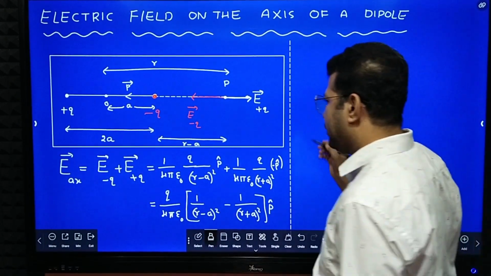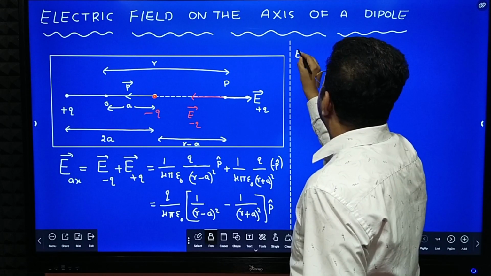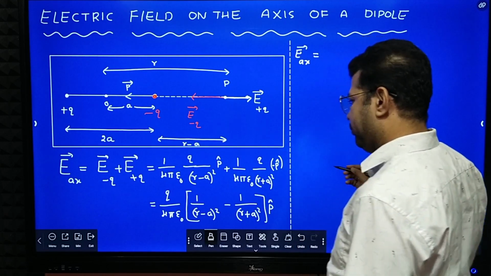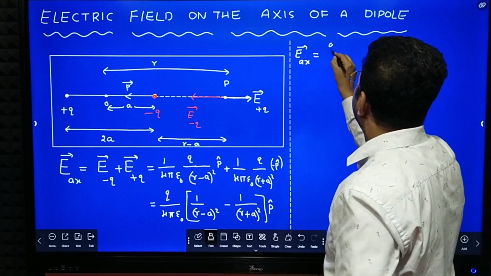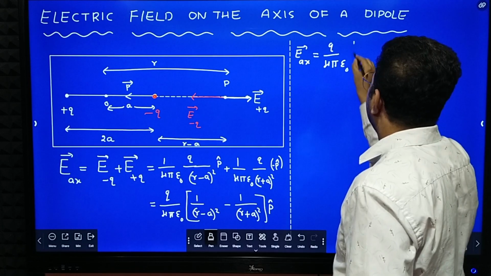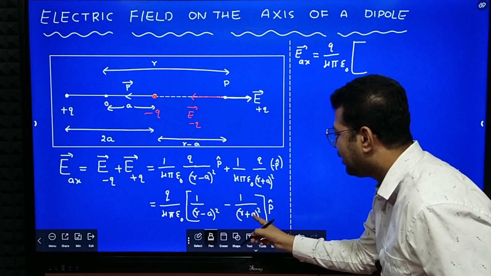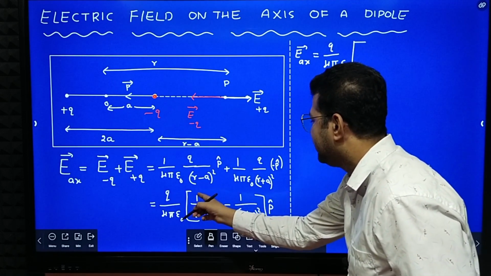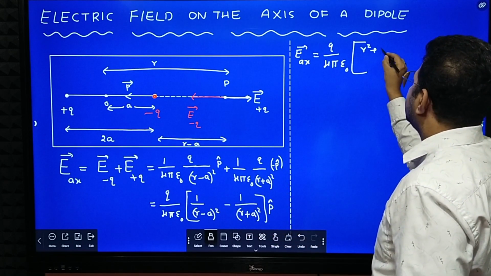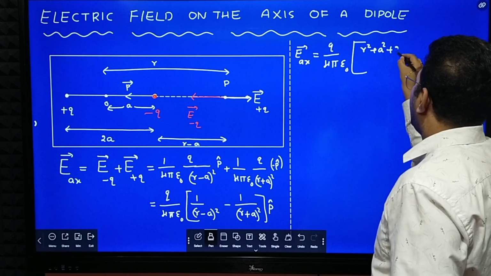I'll write total axial electric field is equal to q divided by 4 pi epsilon naught into this (r plus a) whole square into 1 that comes here. What is (r plus a) whole square? r square plus a square plus 2ra.